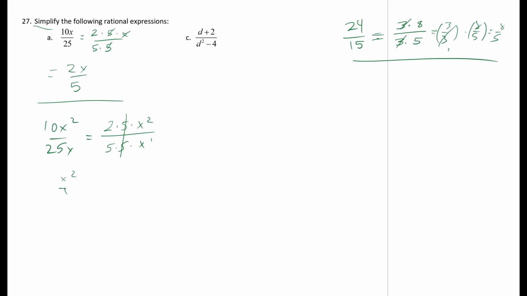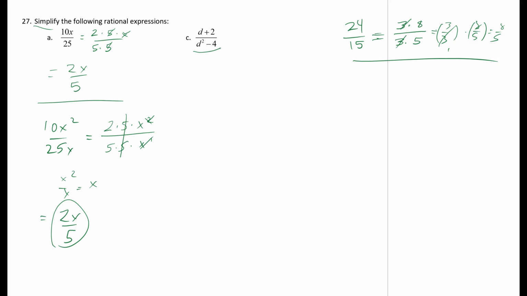Remember, x squared over x equals just x, because you subtract exponents by canceling, and that would have gone away. This would have turned into a 1, and you would have gotten actually the same answer, 2x over 5. The extra x in both the numerator and denominator didn't change the answer, but I just wanted to go through what happened with variable canceling.